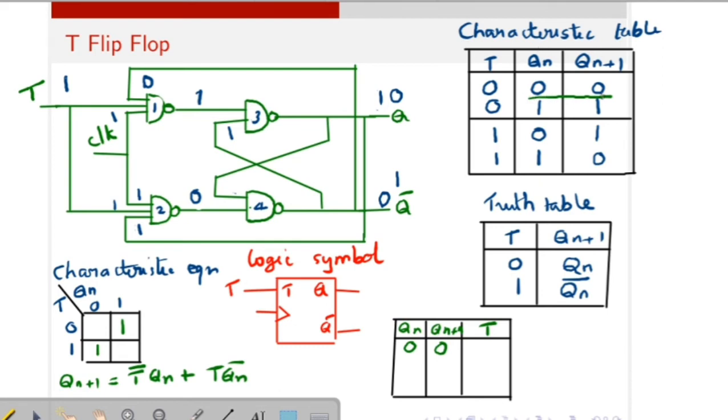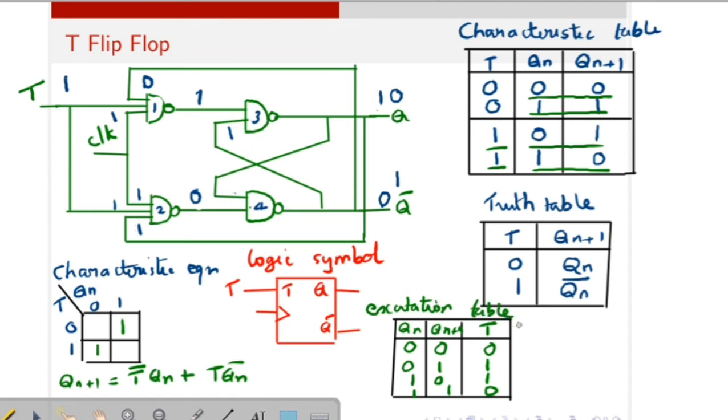When Qn and Qn+1 are 0 0, T is 0. When Qn and Qn+1 are 0 1, T is 1. Then when Qn and Qn+1 are 1 0, also T is 1. Then 1 1, T is equal to 0. Okay, so this is the excitation table of the T flip-flop, right?